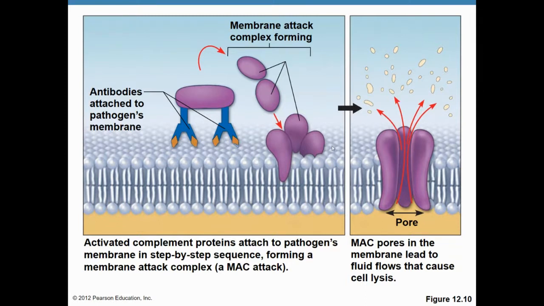And what happens is you wind up forming a little rosette, a little ring of proteins in the plasma membrane of the bacterium, and that allows for the water to rush in. It allows for the cytoplasm to leak out, and then the cell just pops, right?